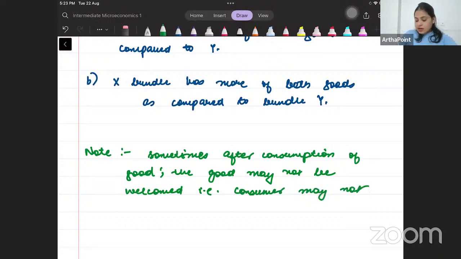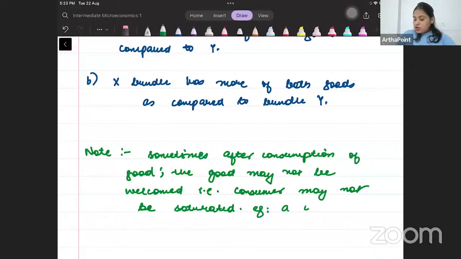Beta, I am making you write this so that you can write good answers in exam. सिर्फ समझना जरूरी नहीं है, एग्जाम में कैसे आंसर्स लिखोगे वो भी जानना बहुत ही जरूरी है. So it is important that you go ahead and also understand how to write these in exam, right? So please write down that sometimes a good may become saturated. So इसका मतलब ये है कि एक पॉइंट के बाद आप उसको कंज्यूम नहीं करना चाहोगे, right?